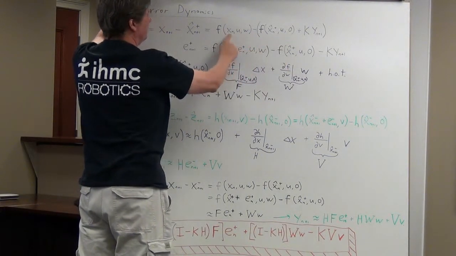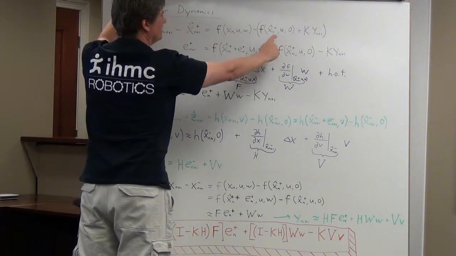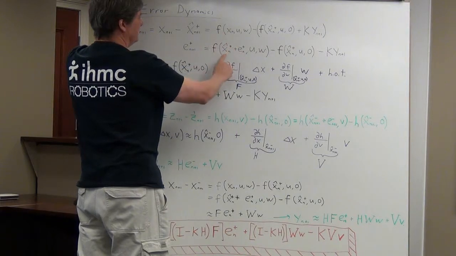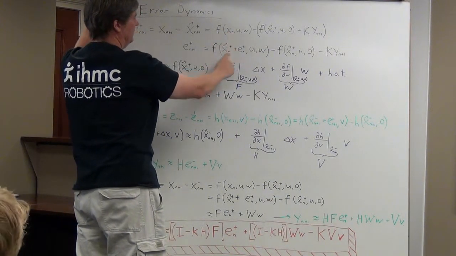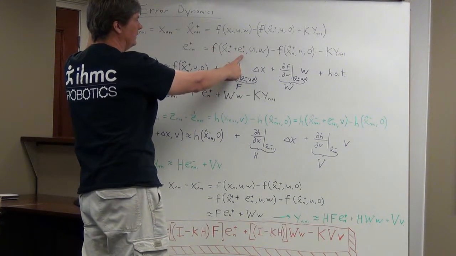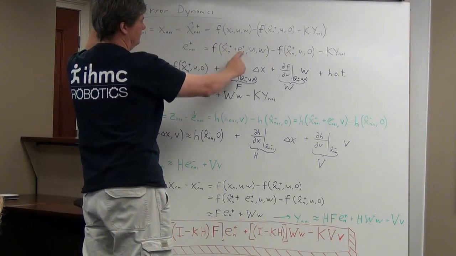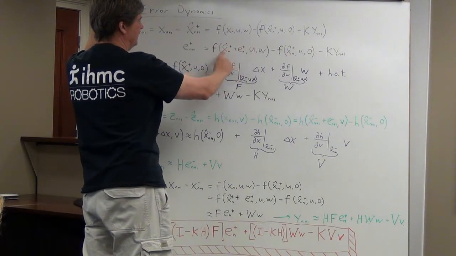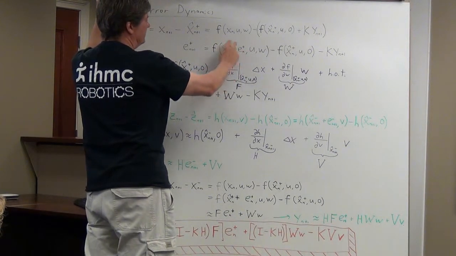We don't know what the true state is, so let's make it in terms of x hat so that the difference is small. So x, the true state, is going to be the estimated state plus the error in the state. And you need to make sure that you have e_n^+ and x_n^+. So that's what that equals.